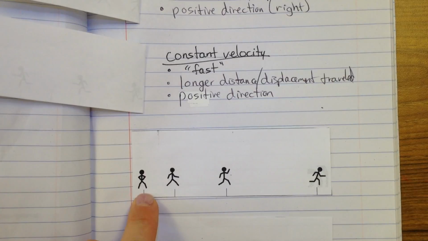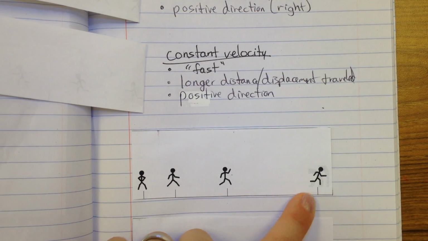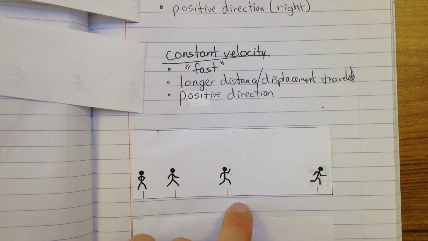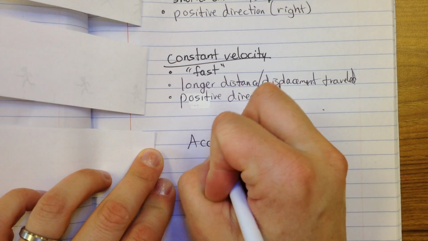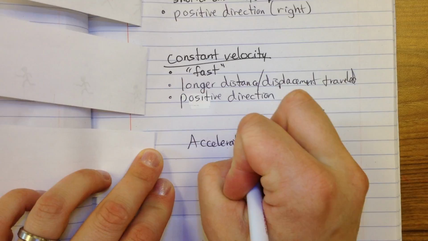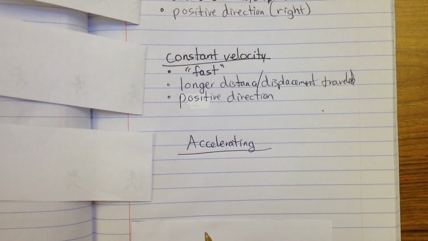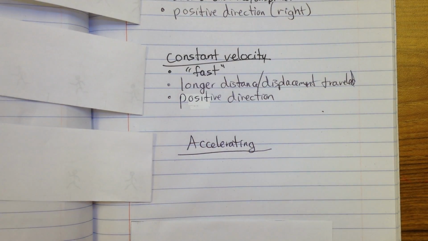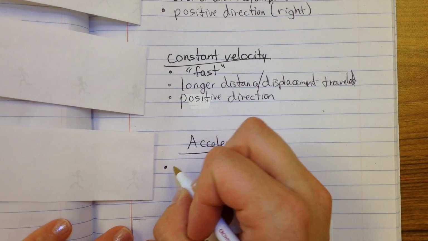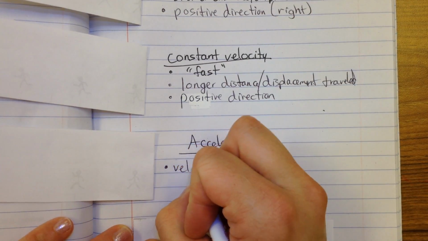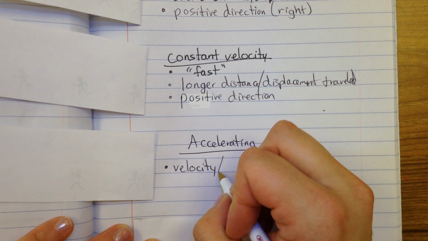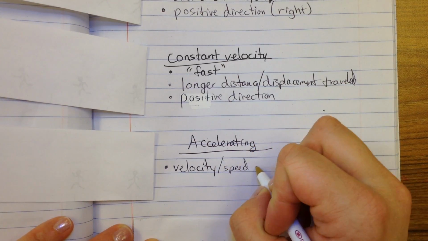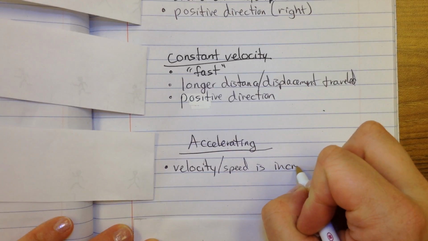So if you're going from rest to walk to jog to sprint, what's happening? Accelerating. So, when you are accelerating, describe for me what is happening to the velocity. Your velocity or the speed here is increasing.